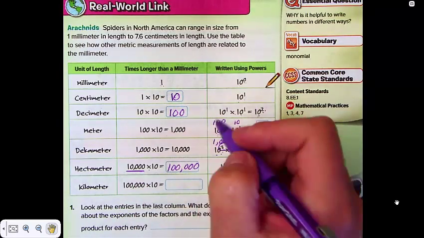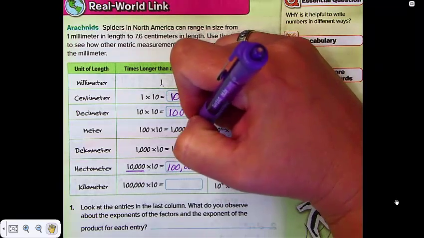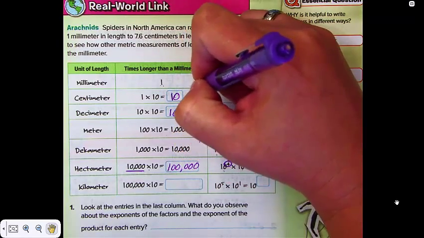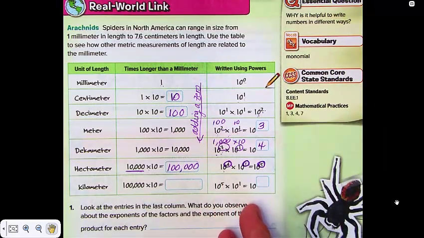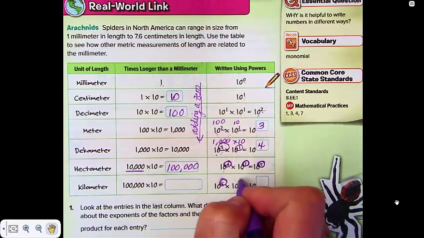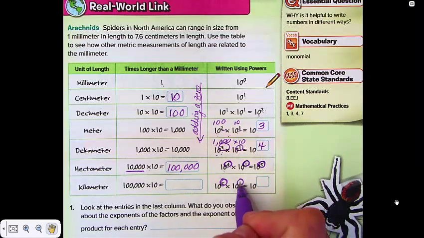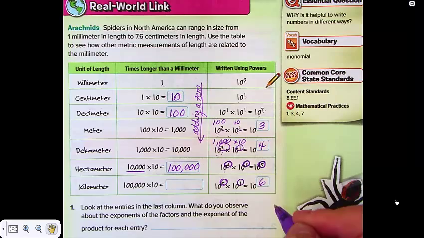Hopefully you see that as I'm going down, I am just adding a 0. As I move down the chart, you're adding a 0 to each number. So now let's look at this one. I have 10 to the fifth power times 10 to the first power. So I have 5 plus 1, which is 10 to the sixth power.